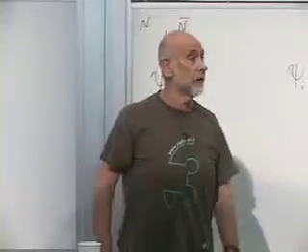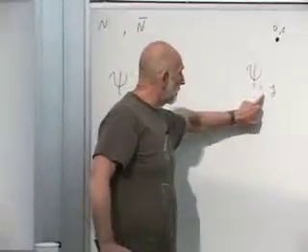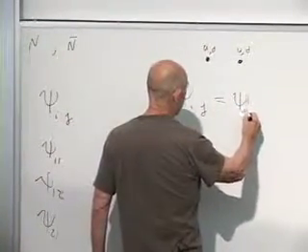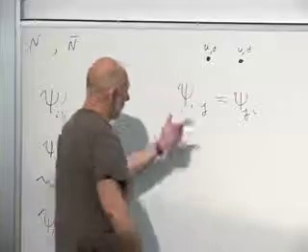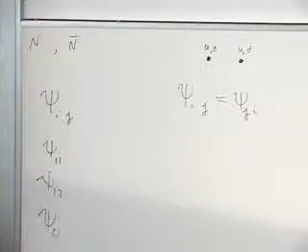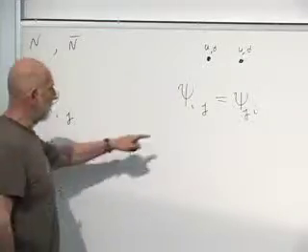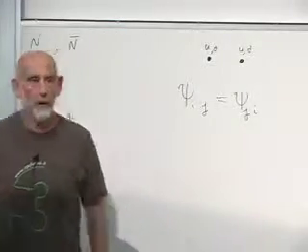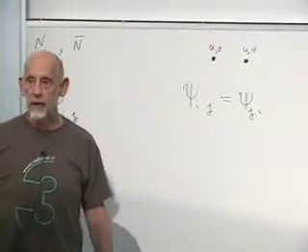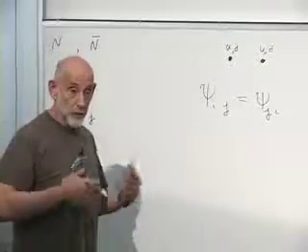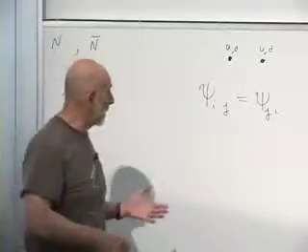But let's consider all psi ij's which are symmetric, so that if you interchange i and j, they become the same thing. How many independent configurations is that? Do you know? 3. 3 linearly independent combinations that are symmetric.